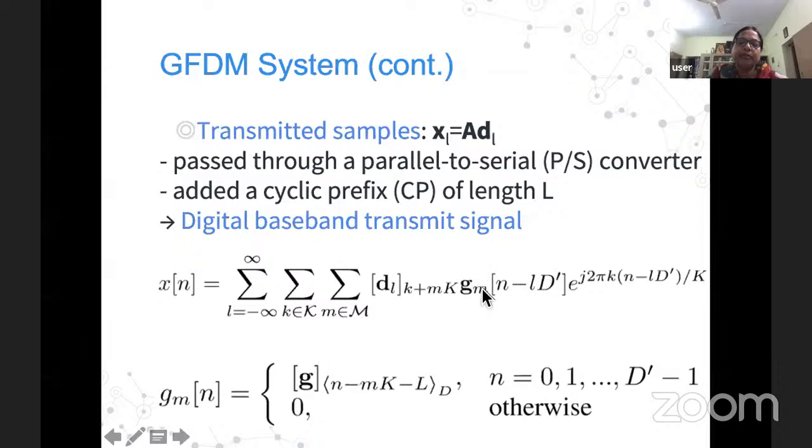G of M is the filter, a circularly pulse-shaped filter. Here you can see the modulo of G, n minus mk minus L over the D. Over the D, it comes back to the original value. So that is an additional precaution taken on your signal, such that it eliminates the out-of-band radiations, and also it restricts your signal into a strict synchronization. So synchronization is deployed; even though they are non-orthogonal signals, they are restricted by some nature of a filter.